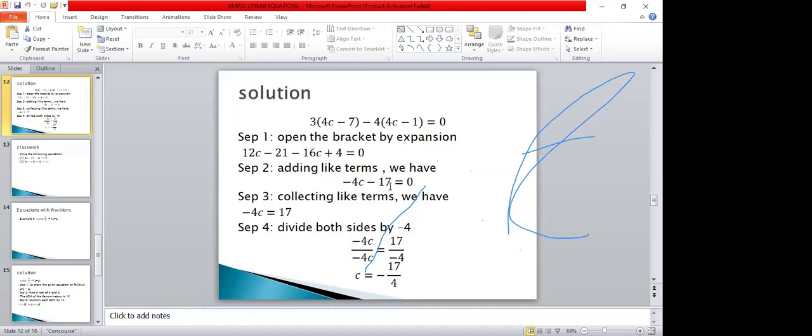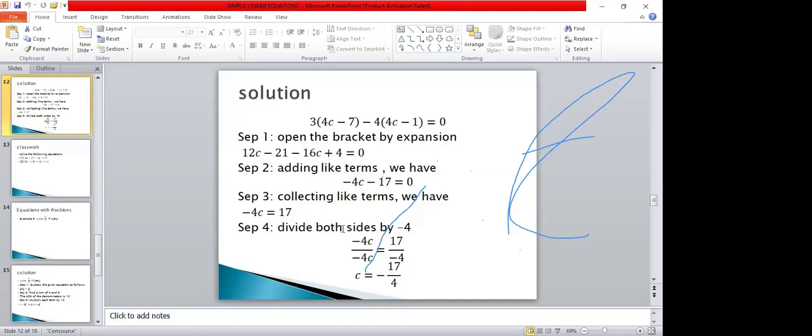The additive inverse of minus 17 is plus 17. Whenever this occurs, the sign will always change to the opposite sign. So this minus 17 is coming to this side to become plus 17. Meanwhile, minus 4c is maintained on the other side.